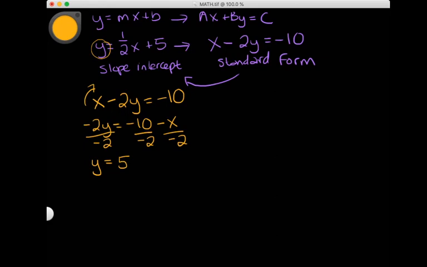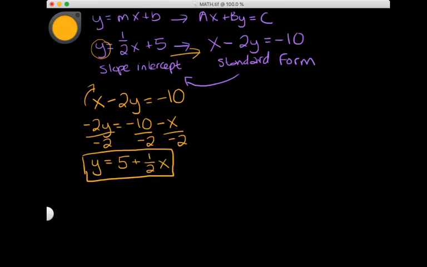So really, those two negatives are going to cancel each other out, and I'm going to end up here with plus 1 over 2x. So I have gone from standard form back into slope-intercept form.